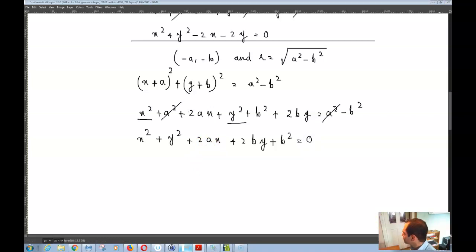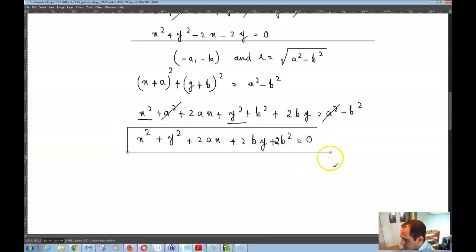Number 5 is x squared plus y squared plus 2ax plus 2by plus 2 times b squared, actually this is 2 times b squared because it comes to the other side, is equal to 0. So that is the equation of this line.